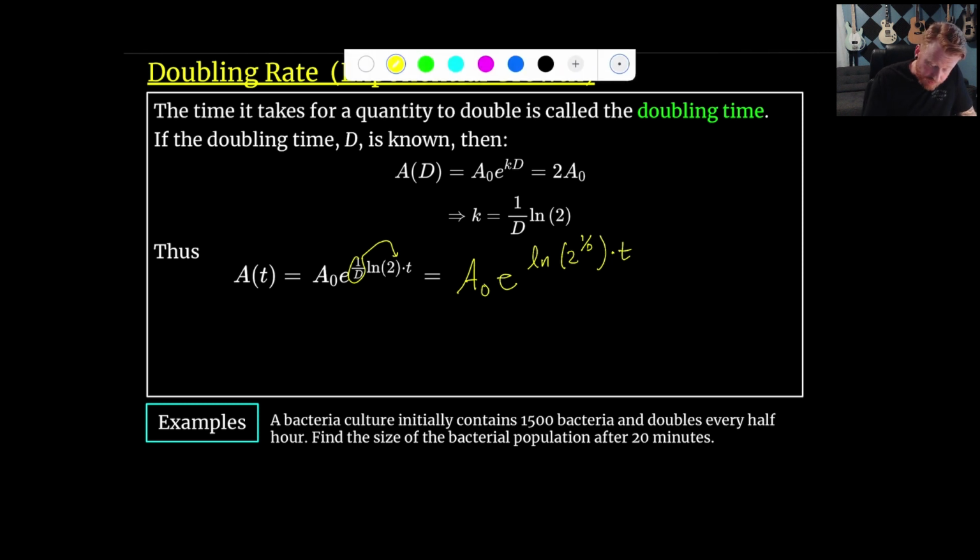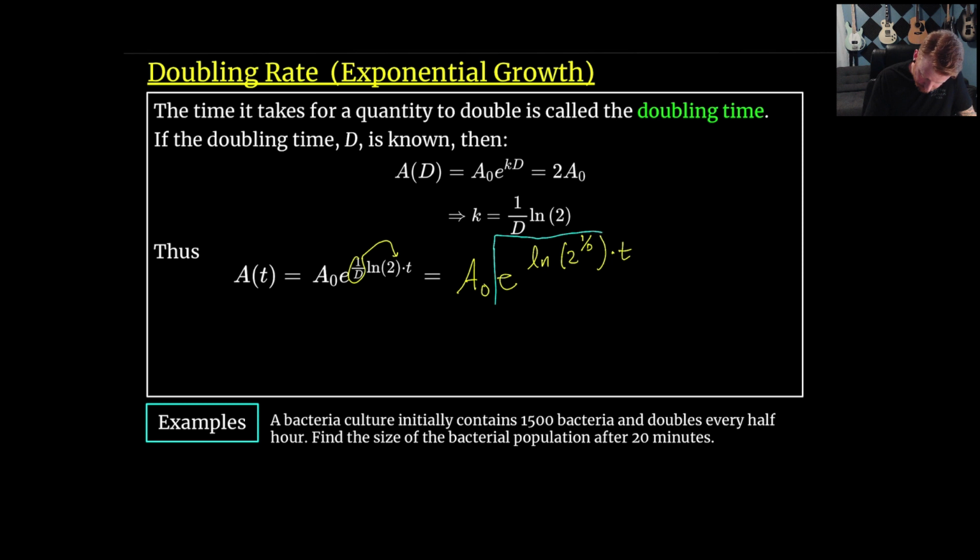Well, if you notice, this portion right here is an exponential being raised to a natural log, which means that those are inverses, undoing each other. All we get is just the argument here. So all this just says 2 to the 1 over d.